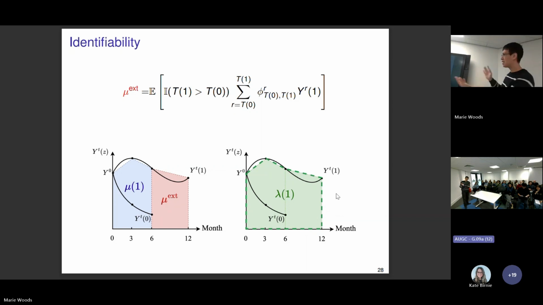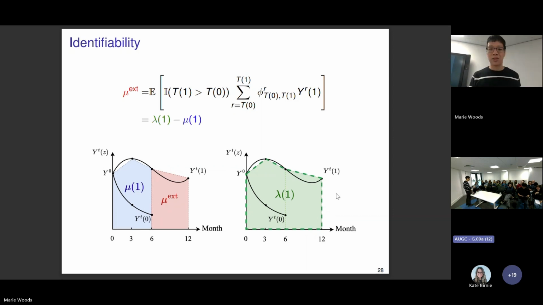And the sum of these two will be the quality of life among the observed survivors in the treated arm, so lambda 1 here. And this is what we can identify almost trivially via the randomized trial. So the red part will just be the difference between the green part and the blue part.